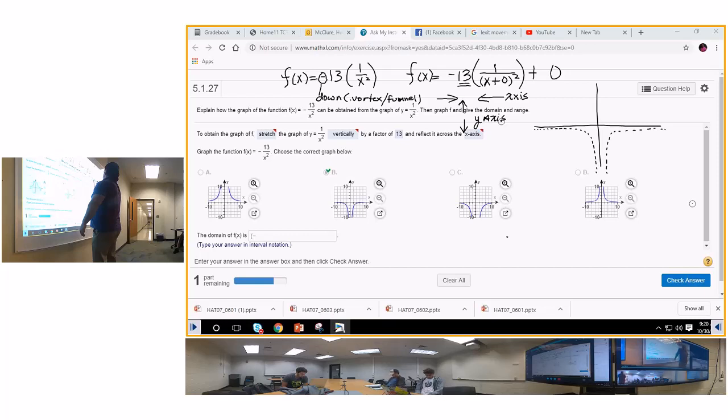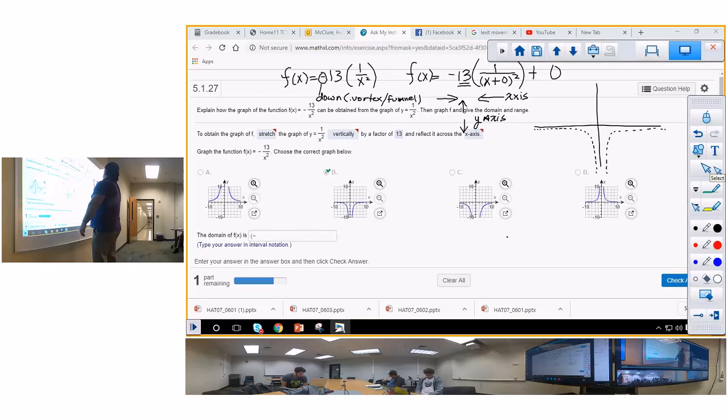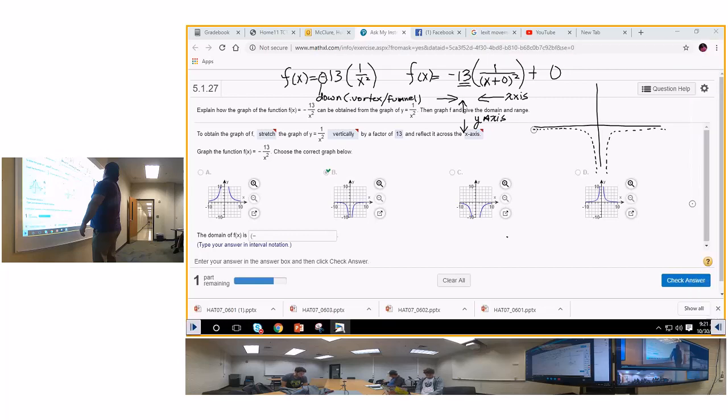So if I press this up like this, it's going to get closer and closer right in here. So my finished function, I'll do it in blue, is going to look kind of like that, meaning it's pushed in a little bit more.